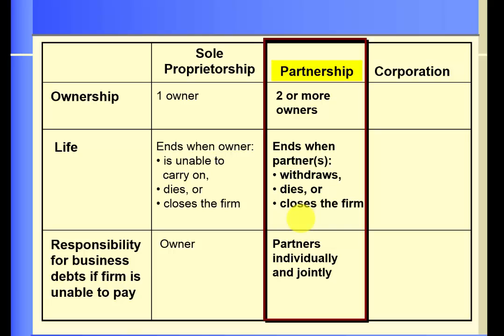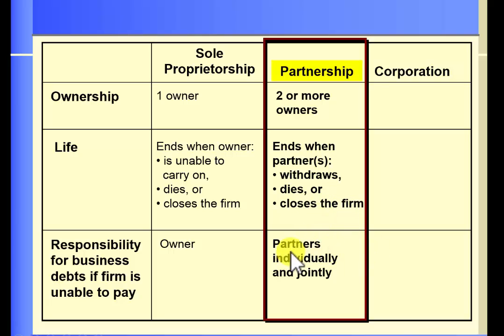Right. You're going to end up going to court to settle that, depending on the partnership agreement. So when one partner dies or withdraws, then you're doing an accounting, reassessing the value of all the assets, and it's complicated. We covered in chapter 12 liquidating the partnership.